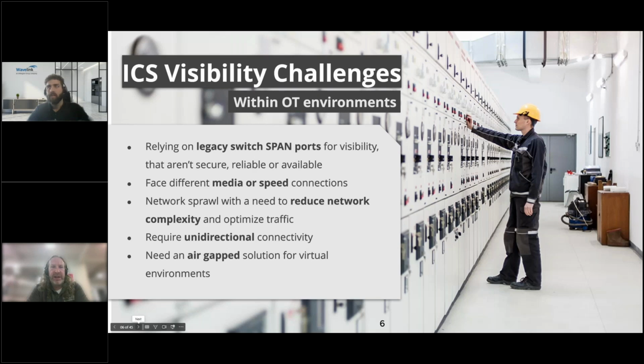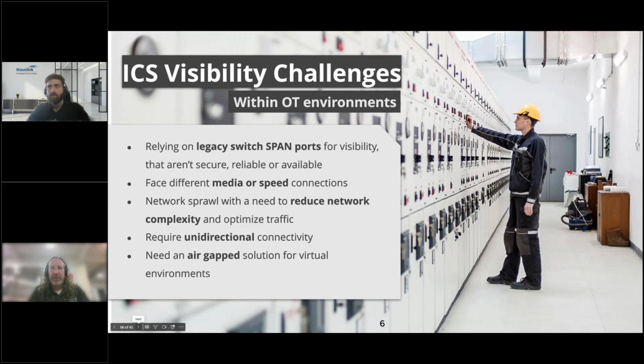You find that there are a lot of flat networks, dispersed networks. So one of the things that we're talking a lot about with our customers is the basic challenge of how do I gain access in an easy, cost-effective way, so I can get some visibility into some of these very challenging environments.